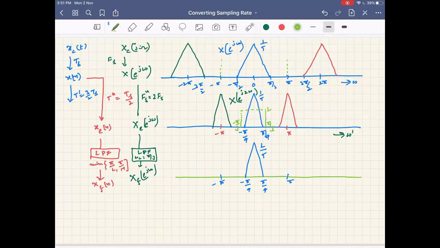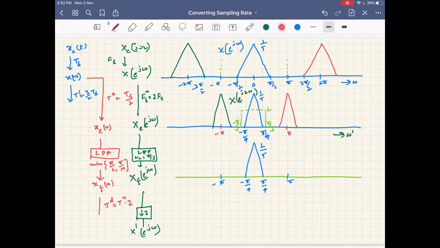Hence, to get the complete change of sampling rate, we should have a downsampling operation by 3 times here, to get X dash of e power j omega.